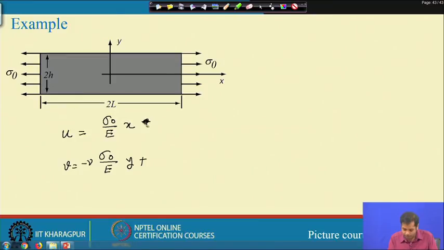And v will be minus nu sigma 0 by E into y, plus omega 0 x plus v 0.